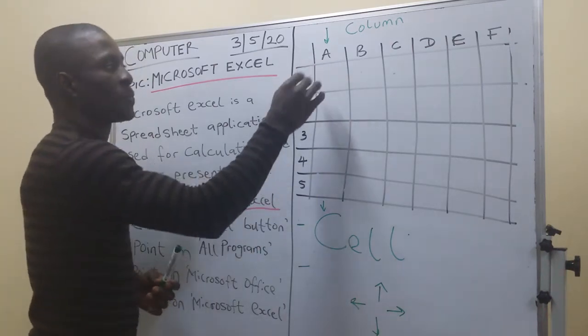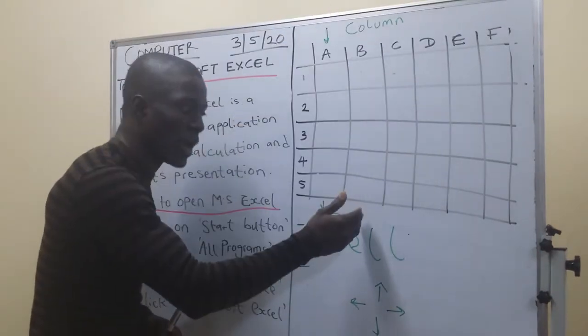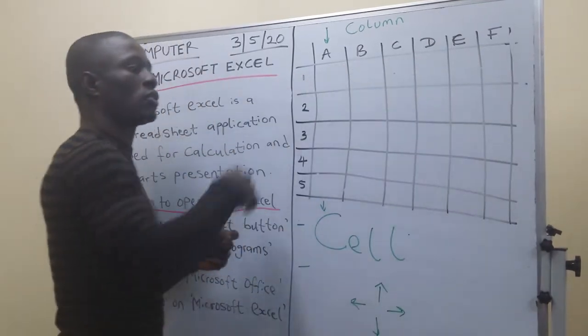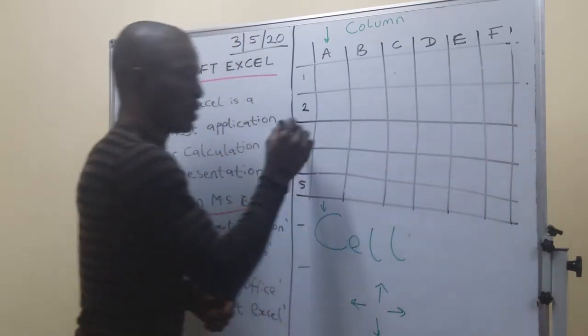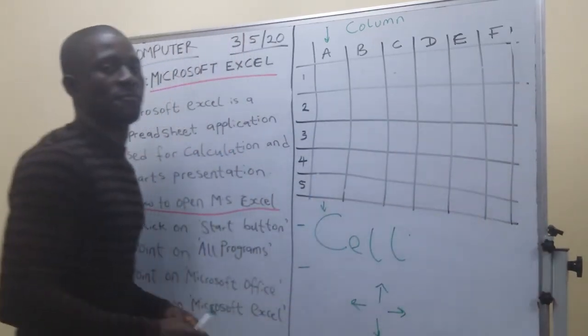Okay, now this way is column. This way is column, right? Now, this side, this way is called row. So this is row 1, row 2, row 3, row 4, row 5.